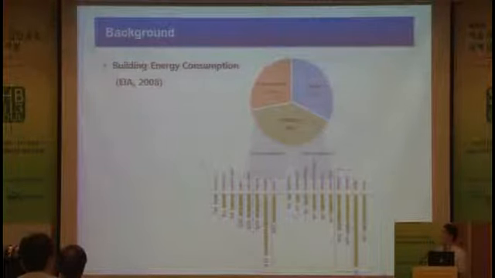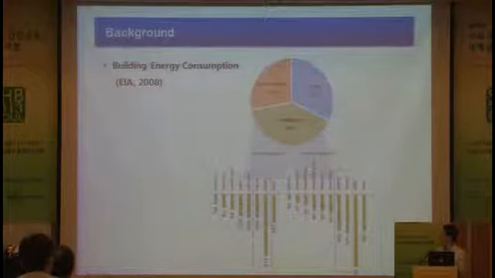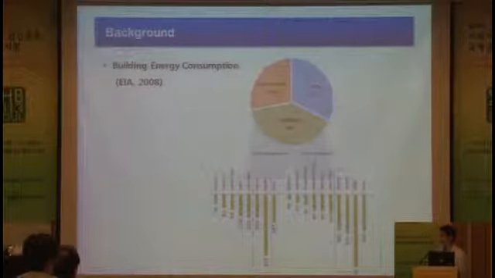Let's take a look at building energy consumption. As you know, buildings consume about 40% of total energy. Within this 40%, residential buildings consume 22% and commercial buildings consume 18%.